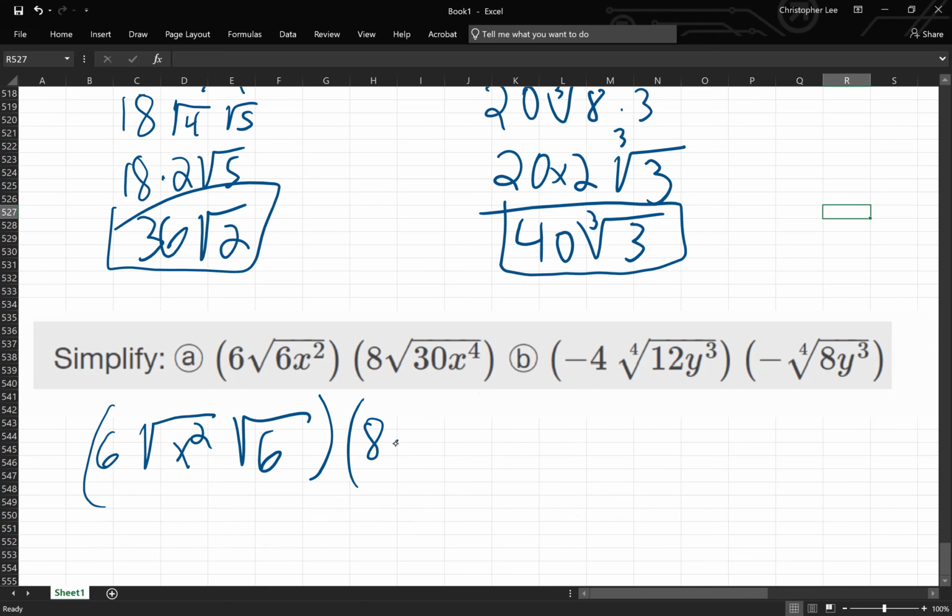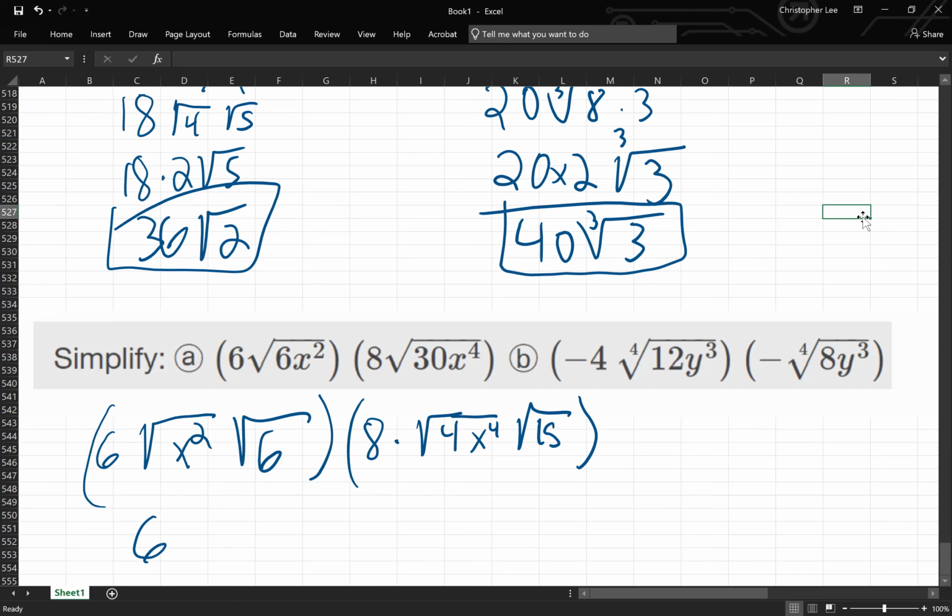This is 8 times square root 4 x to the fourth, square root 15. 15 times 4 is 60. Wait, hold on. This is square root 2, isn't it?